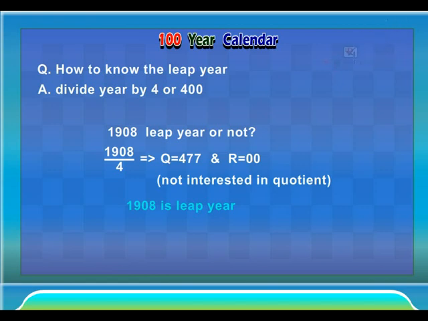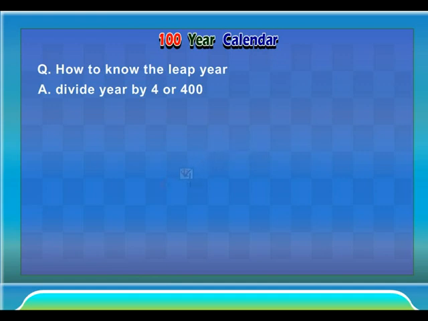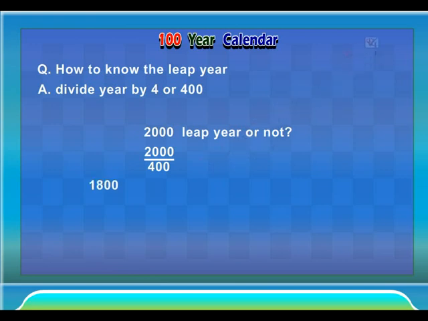Okay. Now, let's take one more example of 2000. But this time, we divide this year by 400. Keep it in your mind whenever you are checking a year like 1800, 1900, 2000, we must divide that year by 400, not by 4.